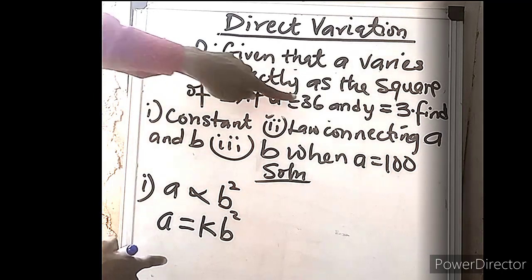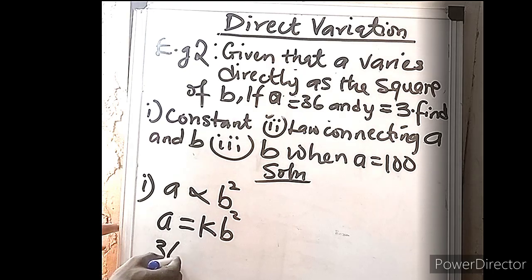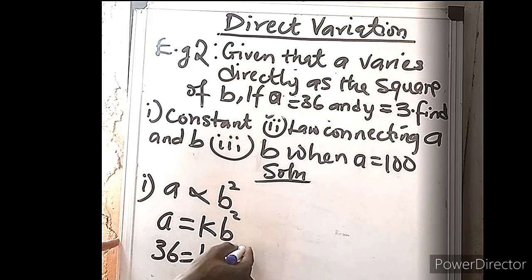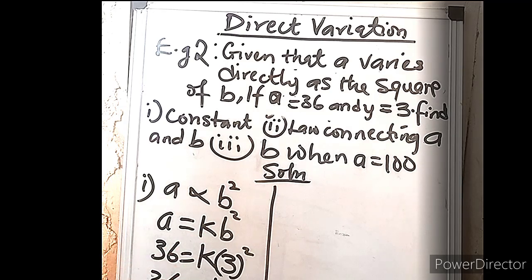So we were told that A is 36, k, B is what? 3 square, which is going to give us 9. So 36 equals 9k. Then we divide both sides by 9.